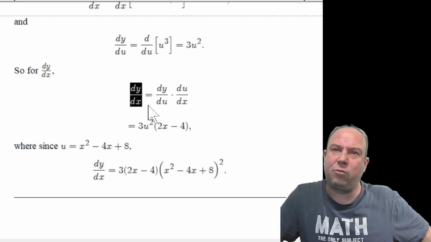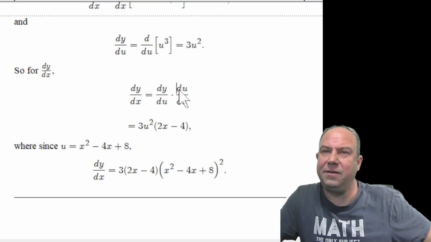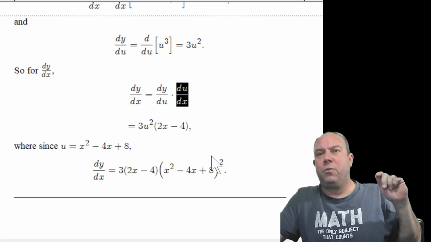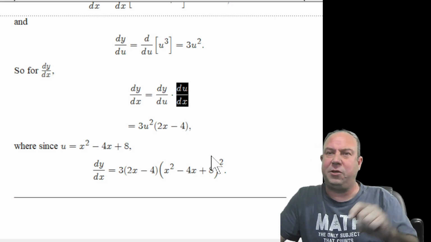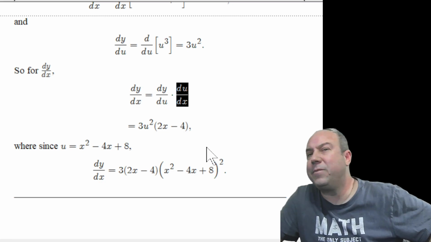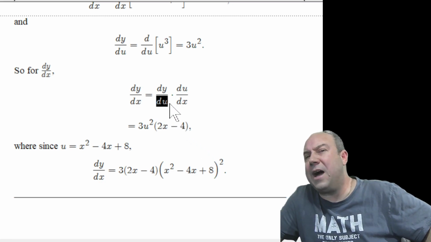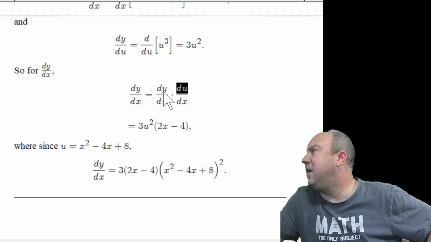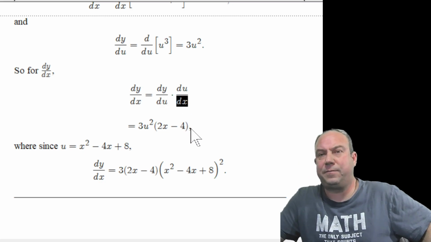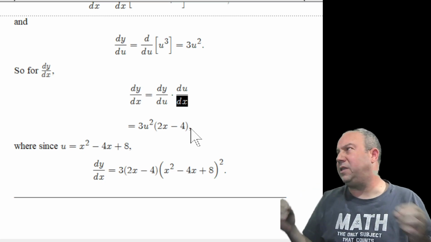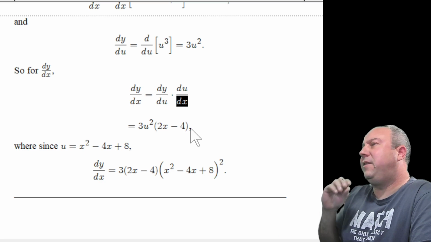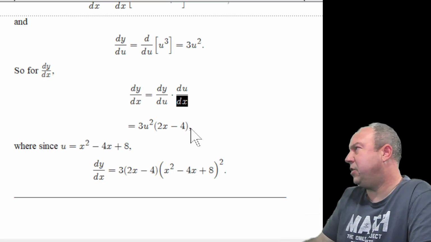Well, if you notice the ratios on the right, that also express those derivatives now with respect to y and u for the first and u and x in the second, the denominator in the first will cancel with the numerator in the second, leaving you with just the dy over the dx. And we see the theory in the formulation.